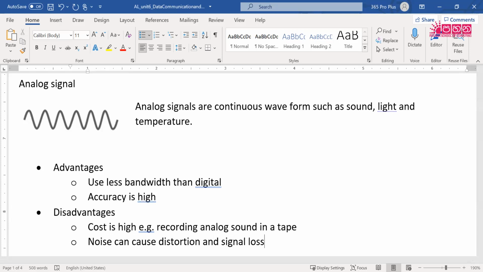What do you mean by this? Noise means, when we are sending voice and someone is speaking, other sounds other than that we can call noise. When you have noise with analog signals, it can change the signal, causing distortion, so you will get a different sound. Analog, as I told you, is expensive, the cost is high.